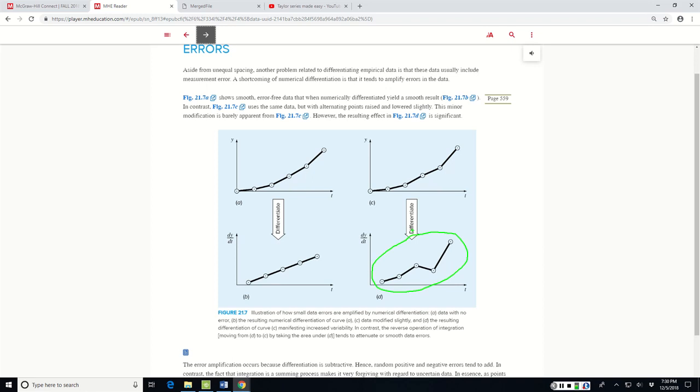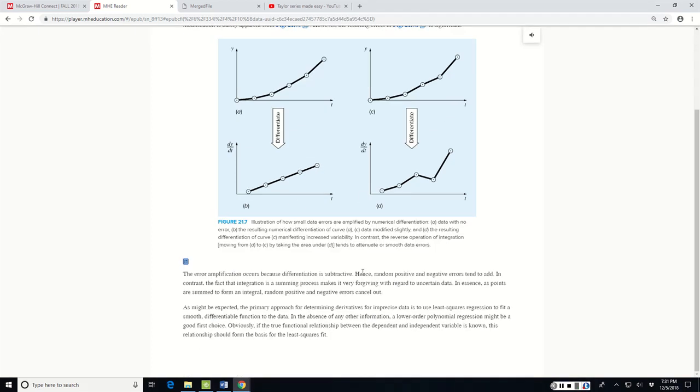So differentiation is much more sensitive to measurement error. Integration is less sensitive. And the reason for this, they say here, is that differentiation is a subtractive process, while integration is a summing process.